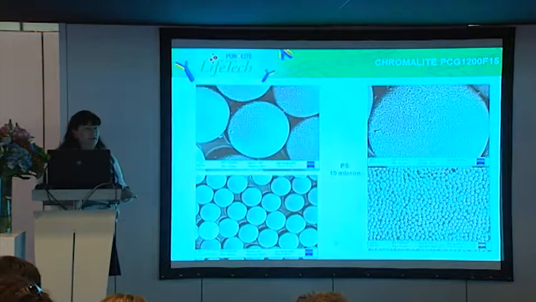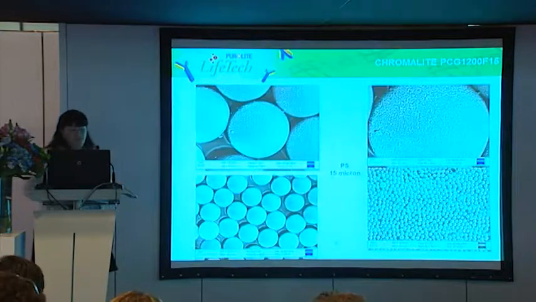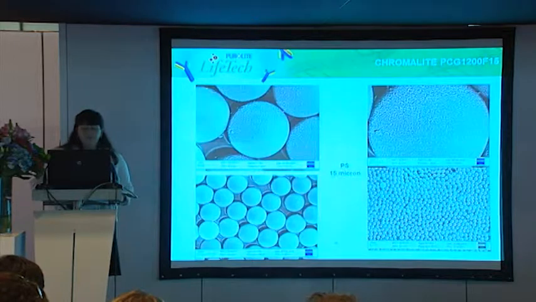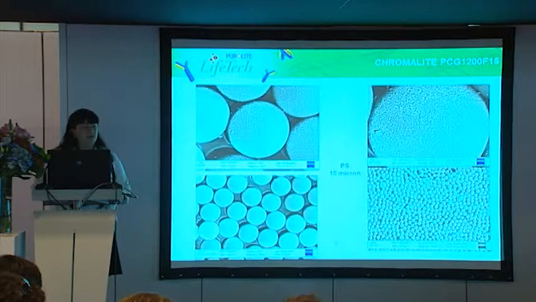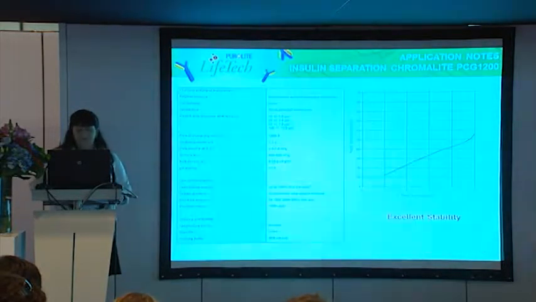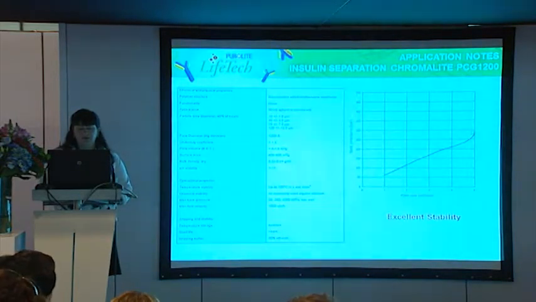We have a technology that allows us to produce really monodisperse beads. The mechanical stability of these resins against back pressure is very high compared to other materials. You can see here the back pressure goes up to 250 bar, which is very good for prep HPLC.